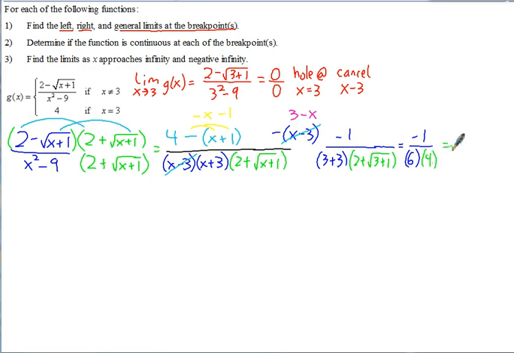So we get negative 1 over 6 times 4 is 24. So negative 1/24, that's the general limit. So I'll write that up here. So now we know the limit as x approaches 3 of g of x equals negative 1/24.